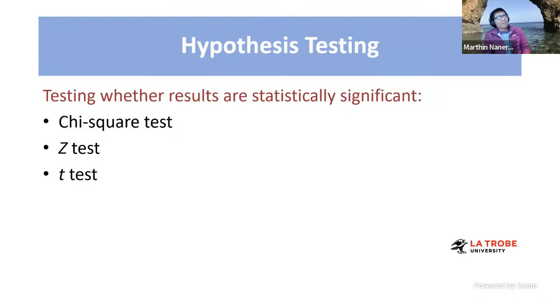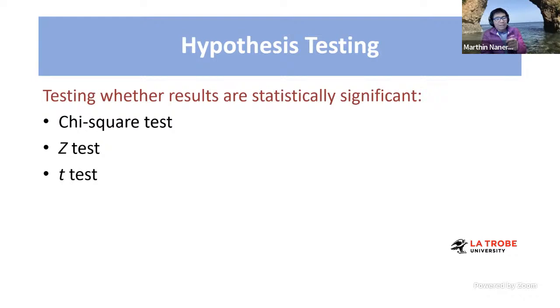When you look at hypothesis testing, as I have mentioned many times, normally you have a null hypothesis and an alternative hypothesis. If you're using simple correlation or crosstab, you know how to look at the probability, sometimes called the significance level, and check whether it is less than 0.05, less than 5%.